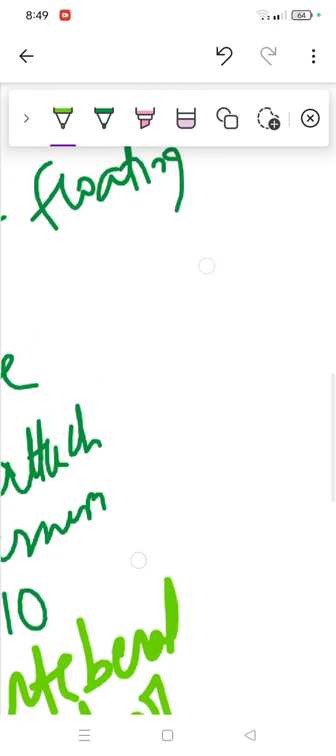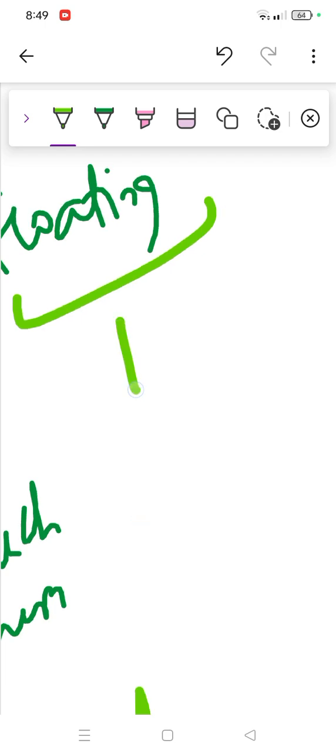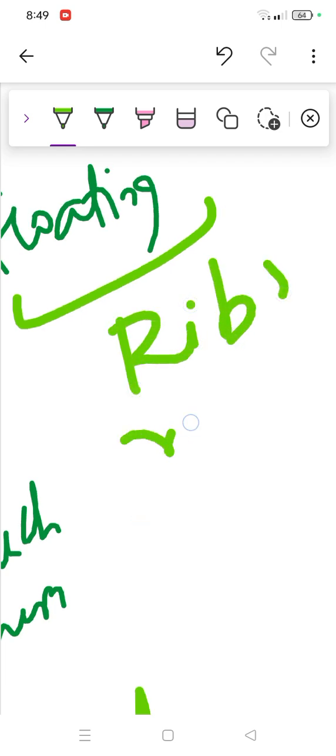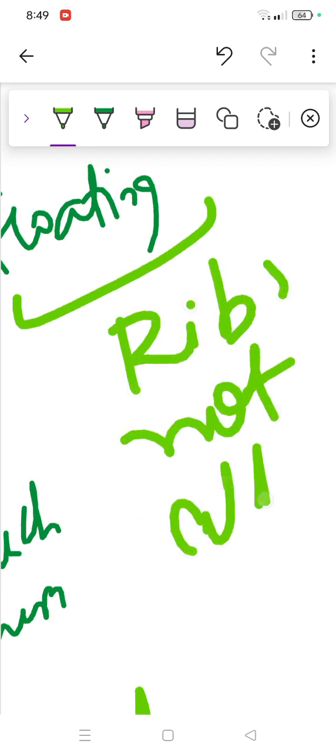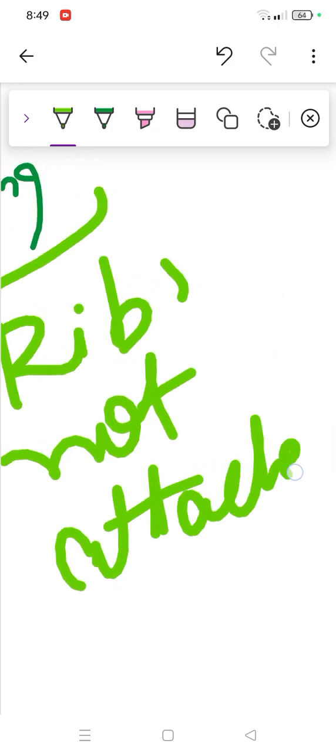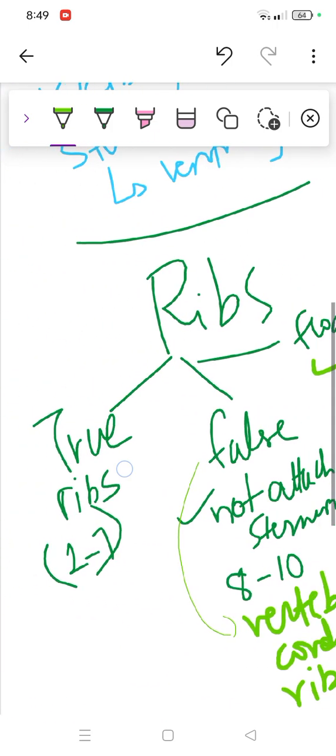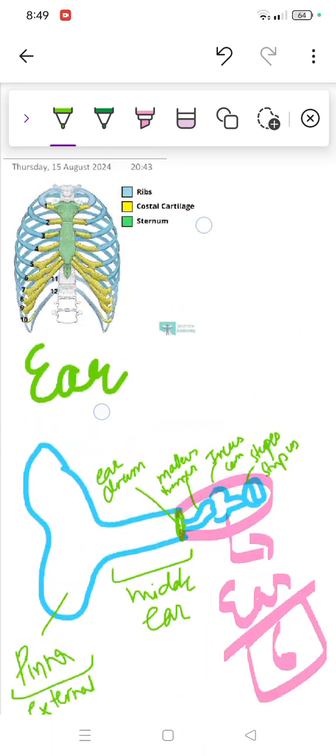Then comes the last one, floating ribs, which are not attached at any part. There are 3 of them. These are the 3 different ribs, so let's count them out in the diagram so that we understand.